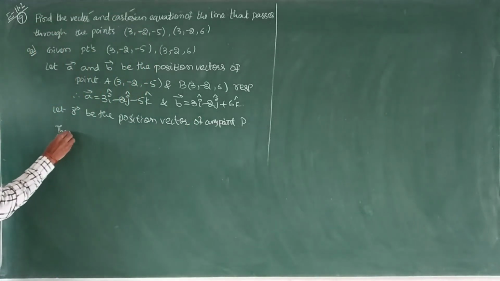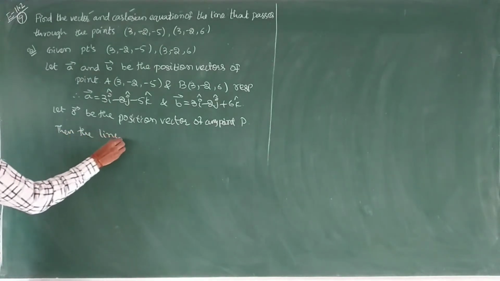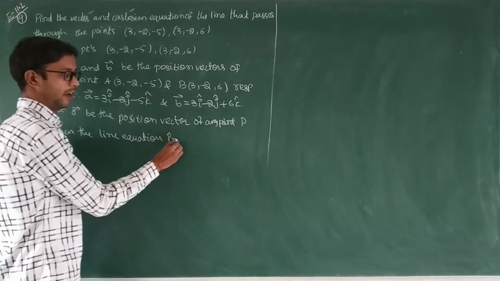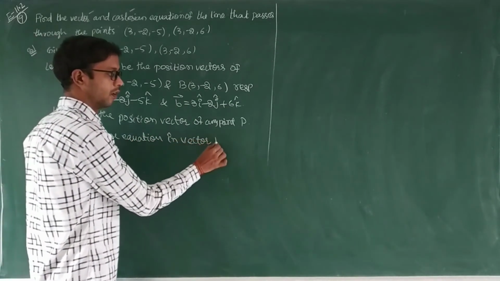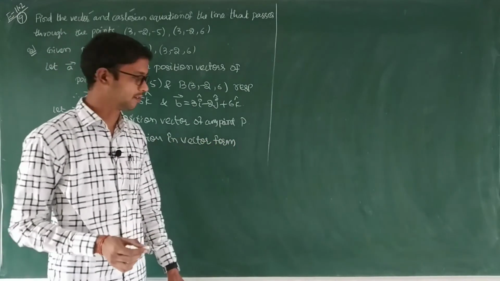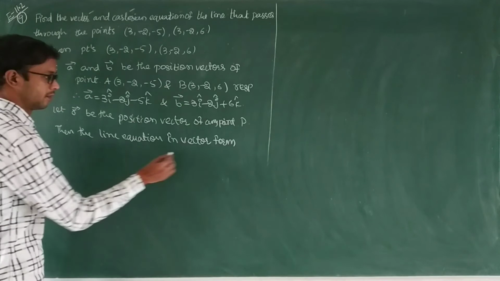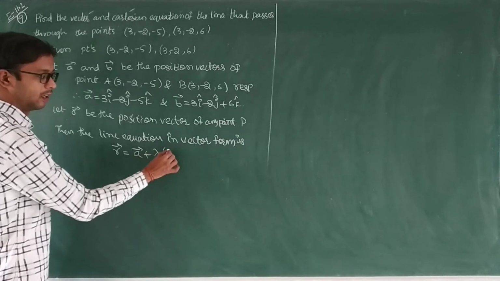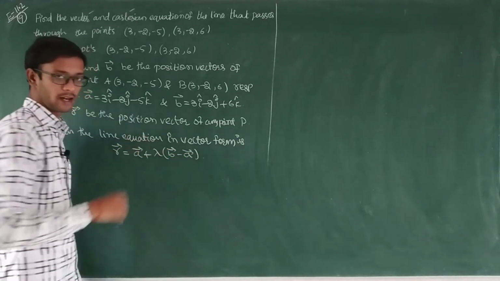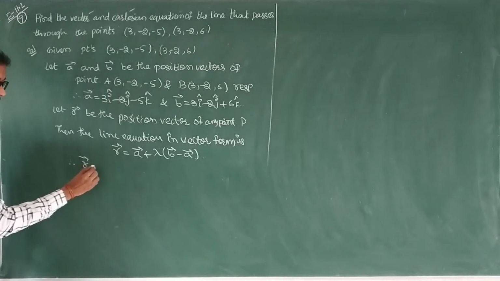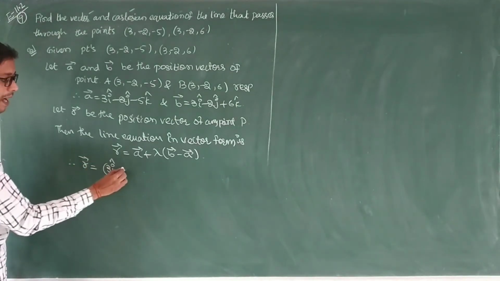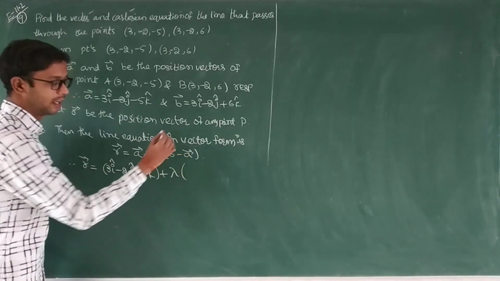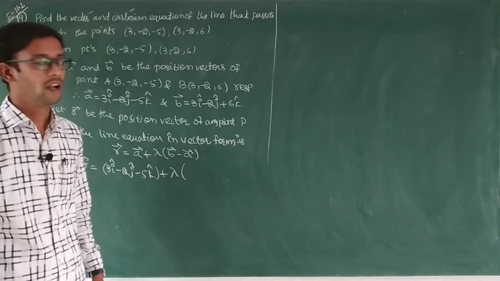Then the line equation in vector form, which is passing through given 2 points, is r bar equal to a bar plus lambda into (b bar minus a bar). Therefore, r bar equal to 3i cap minus 2j cap minus 5k cap plus lambda into (b bar minus a bar). What is b bar minus a bar?